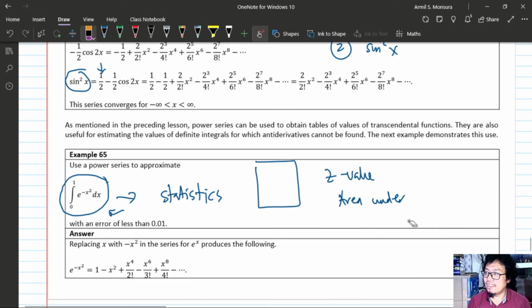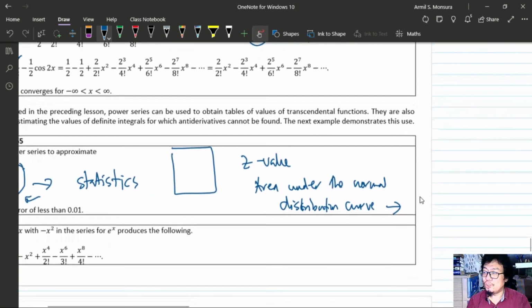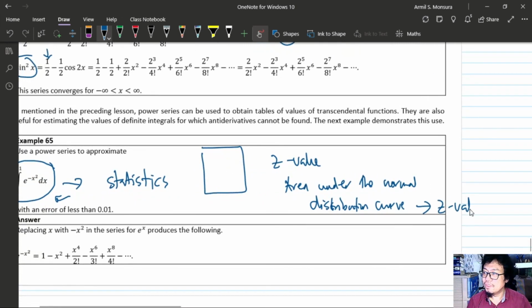Area under the normal distribution curve, which is related to your Z value.